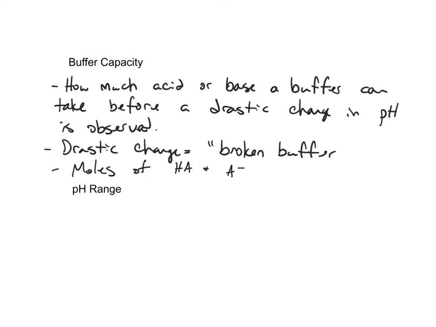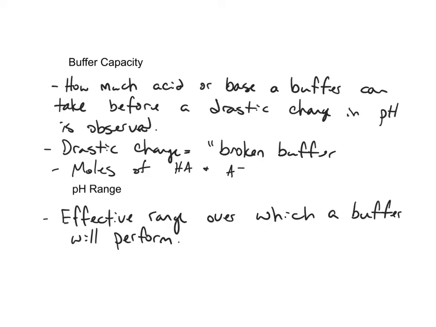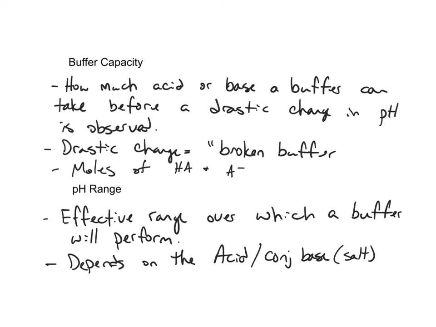Now the other characteristic of a buffer that I want to talk about is called the pH range. And it is defined as the effective range of pH that a buffer performs over. Now the pH range of a buffer depends on the acid and conjugate base, the common ion that you decide to use. Different buffers are effective over a different pH range.